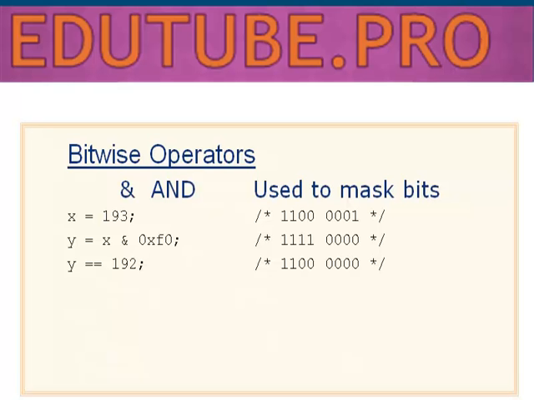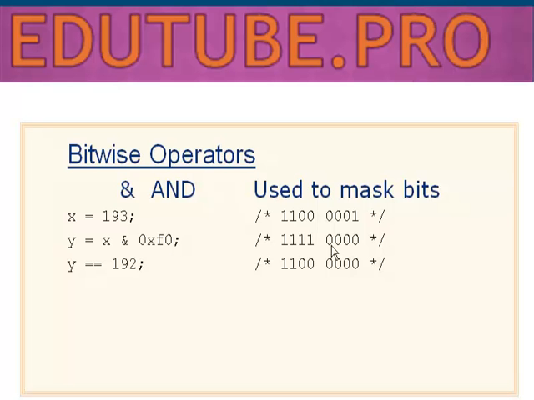So let's say x has a value of 193. This is 193 in binary. So this means that these bits are set, 128 and 64, and a 1 down here gives us a value of 193 in binary. We're going to have a new variable called y, set to x ANDed with a hexadecimal value 0xF0.